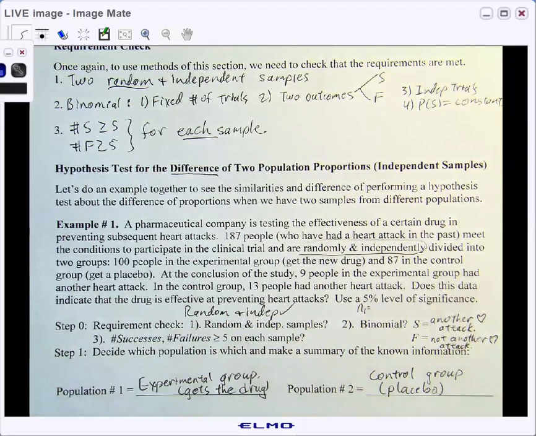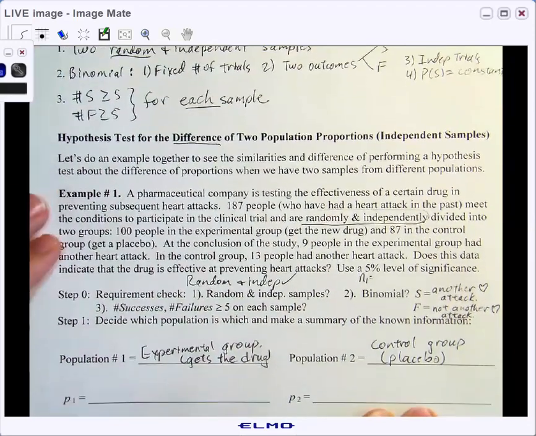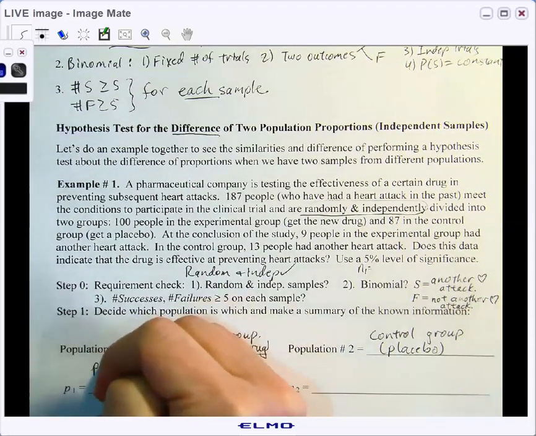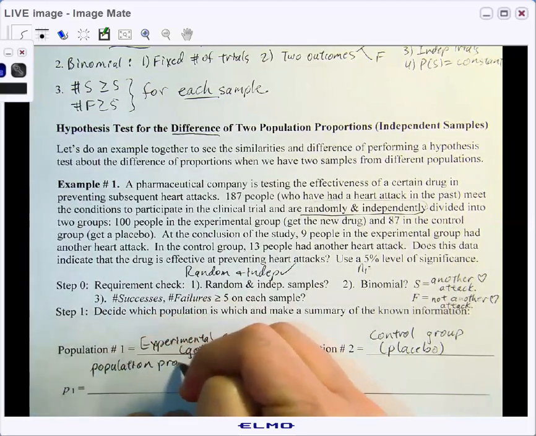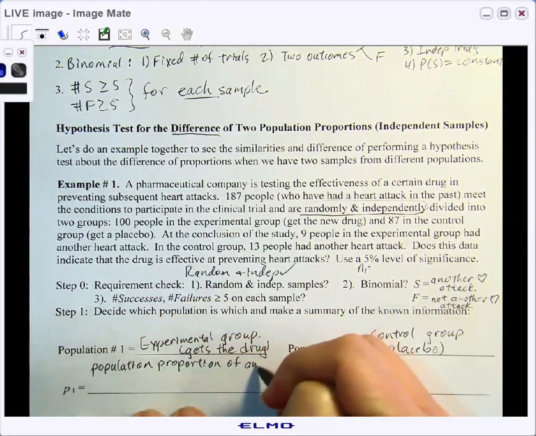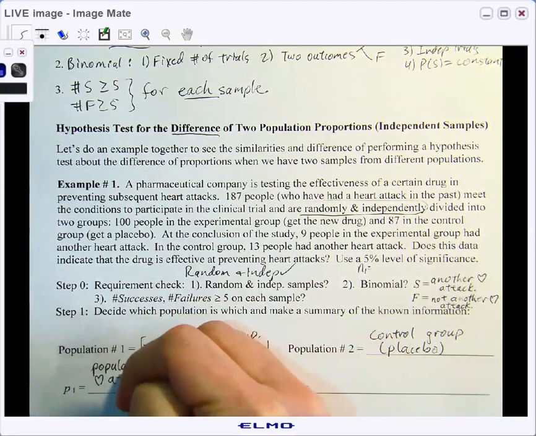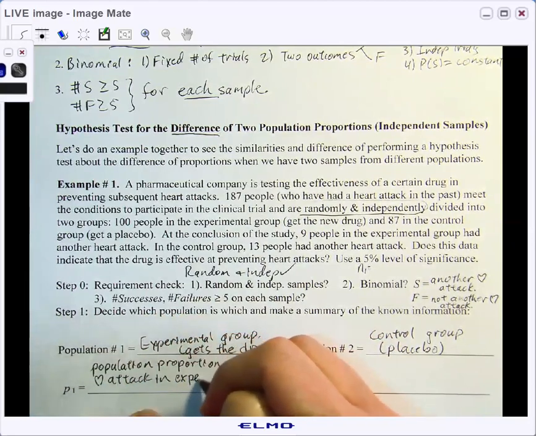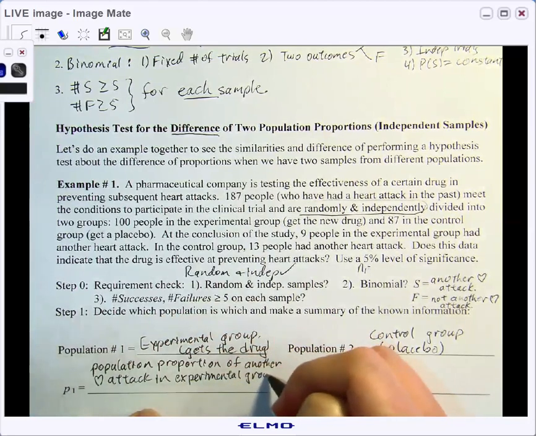Now, what we want to do is talk about the population proportions. So little p1 is going to be the population proportion of another heart attack in the experimental group, the group that gets the new drug.